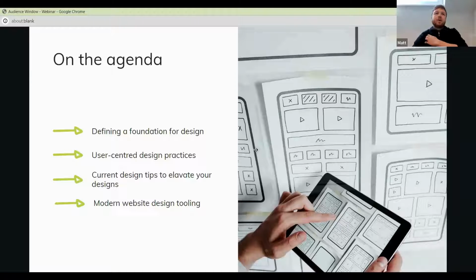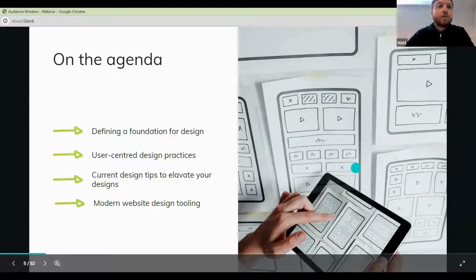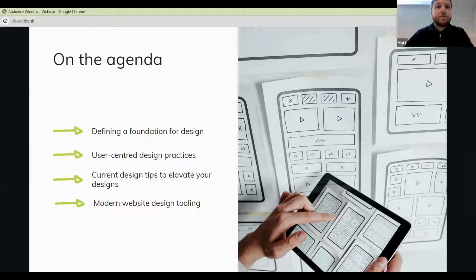Today, delving into web design, we're going to cover some of the key areas which will hopefully give you some actionable practices and a toolkit to improve your web design process. We'll start with how we prepare for your web design project, initially looking at researching and understanding before putting anything into pen and paper.